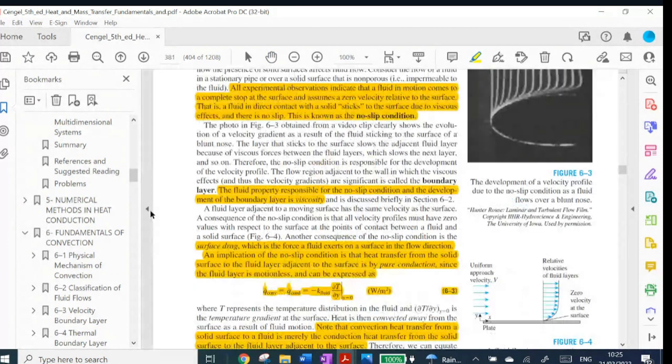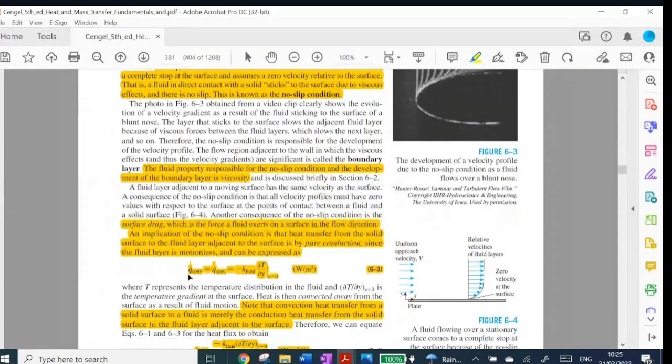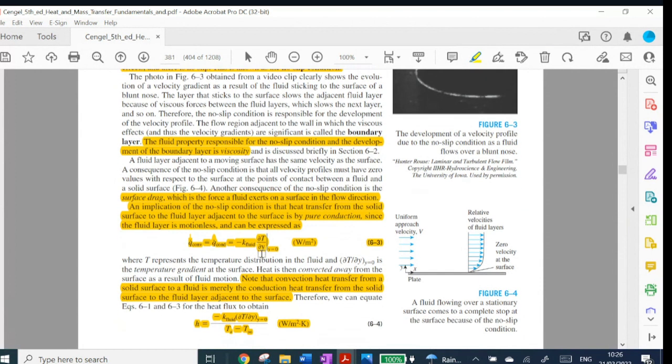So we are going to assume that the heat transfer in the first layer is due to conduction, and then in the next layer is due to convection. I'm not going to go through the theory, but the explanation is on page 381. Okay?